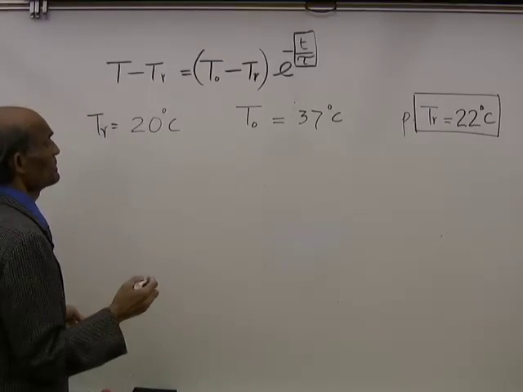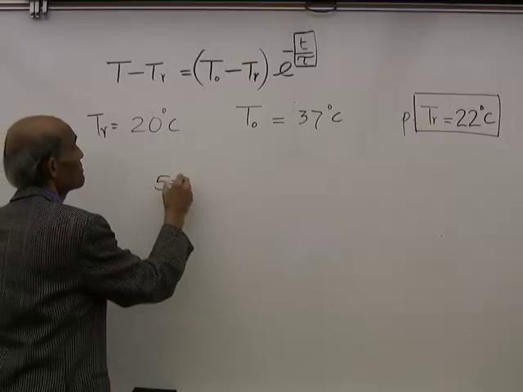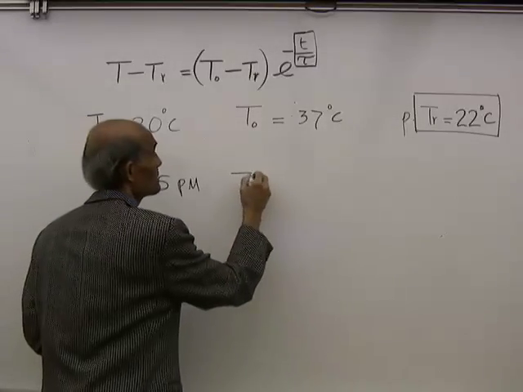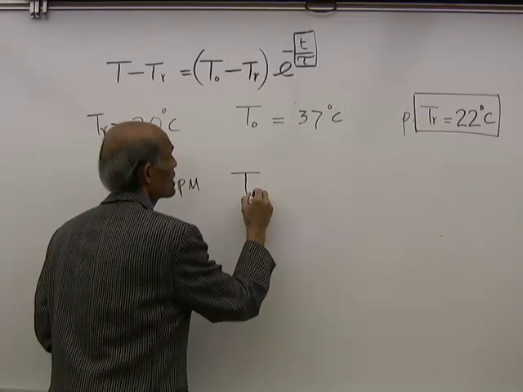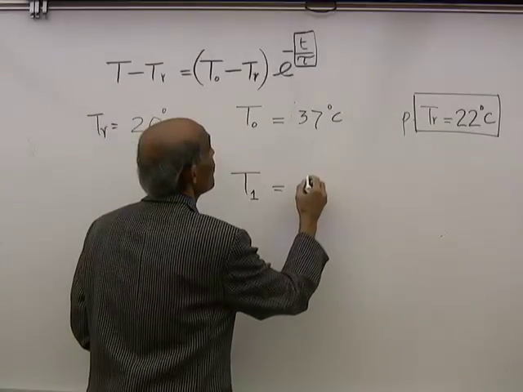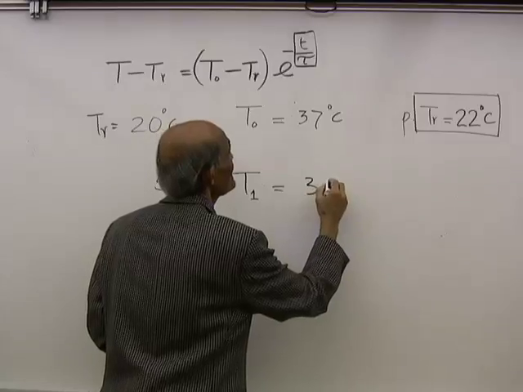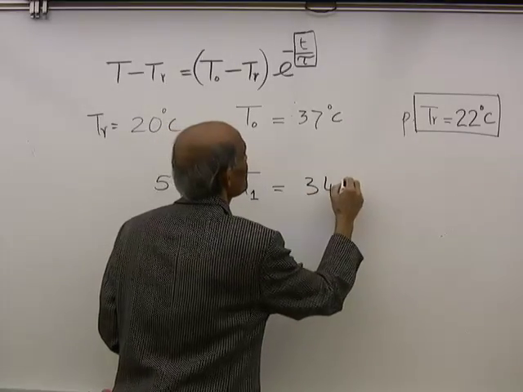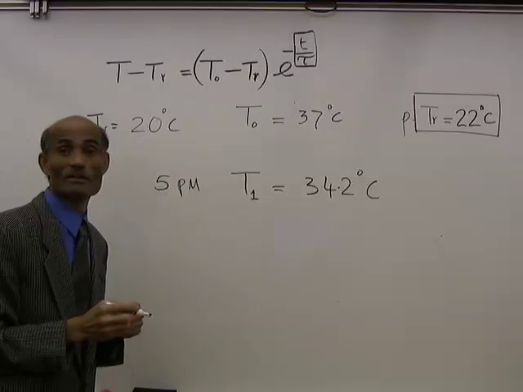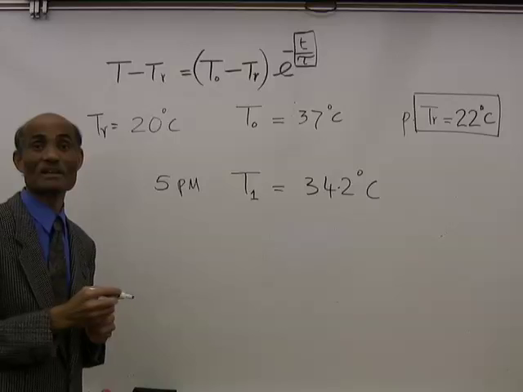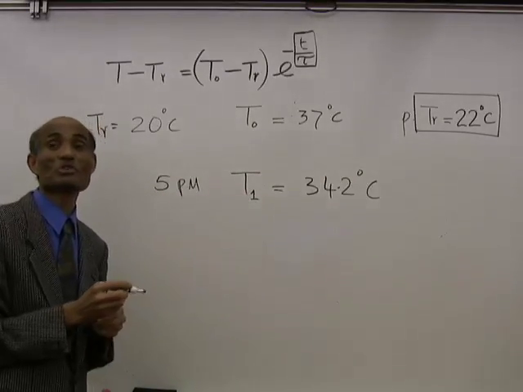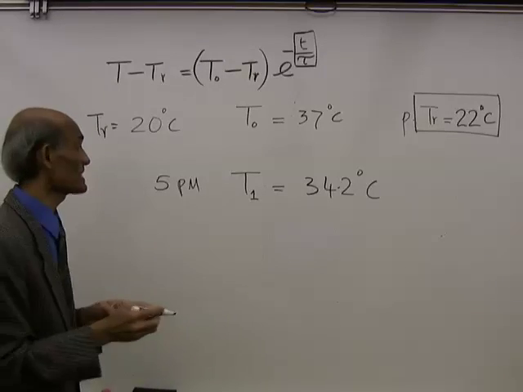And suppose the police came in around 5 p.m. and they measured the temperature. I'm going to call it T1, and they found the temperature was 34.2 degrees Celsius. So they came sometime after the murder was committed. So they came at 5 p.m., measured the temperature at 34.2 degrees Celsius.